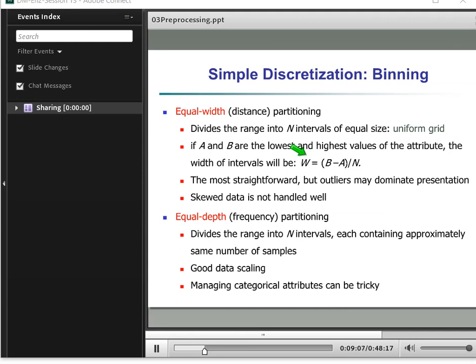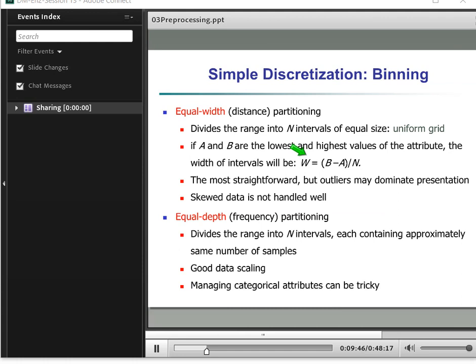Each bin must have approximately, not exactly, a similar number of samples. In this case, one bin may have a wider width and one bin may have a shorter width.